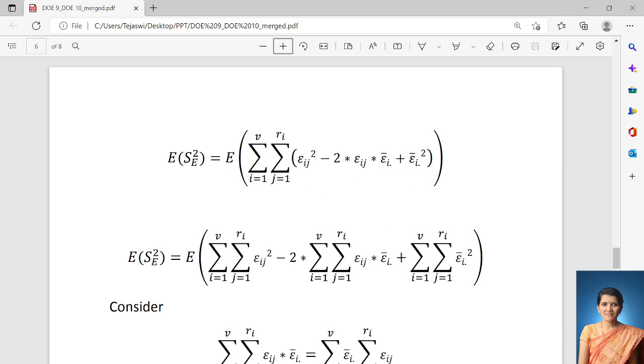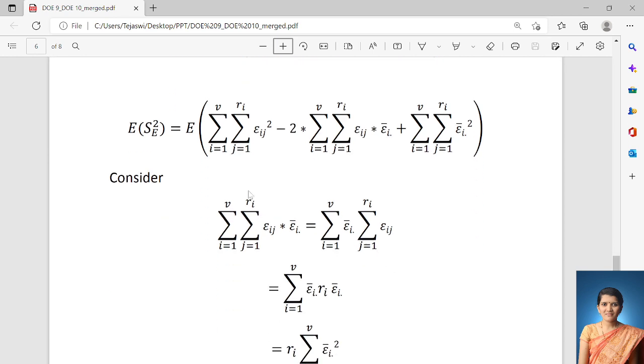The expectation applies only on epsilon ij, because this is the variable and all other values are constant. So one by one we calculate the value, taking the double summation of epsilon ij epsilon i dot bar. So first we simplify.